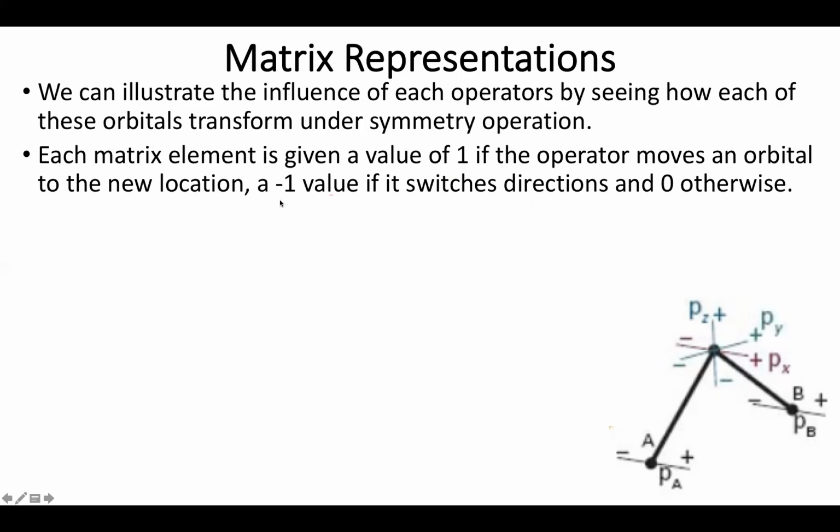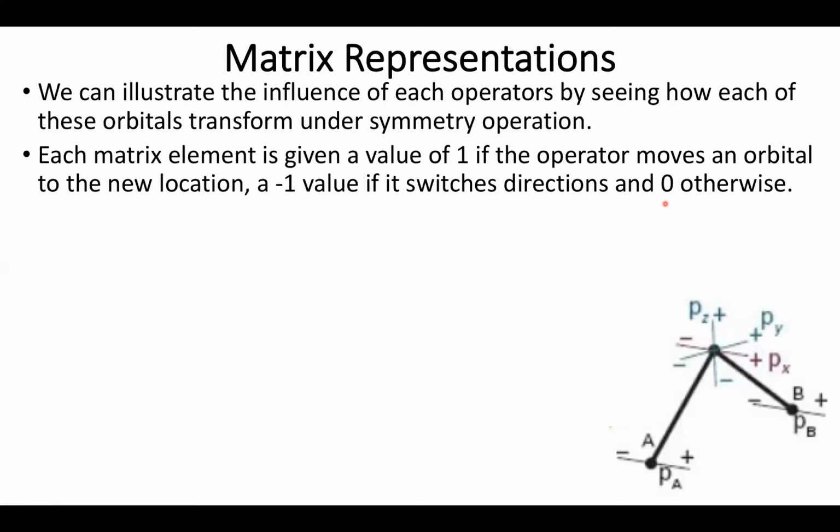If it becomes that new orbital but switches direction, so positive becomes negative and negative becomes positive, this gets a value of -1. And if px has nothing whatsoever to do with py, that gets a value of 0. Turns out we're going to have a whole bunch of 0 elements. So we can either demonstrate this as a matrix, or I'm trying to do it in a more familiar table form, which should convey all the same information.